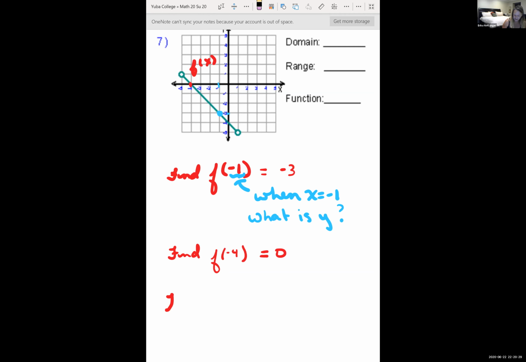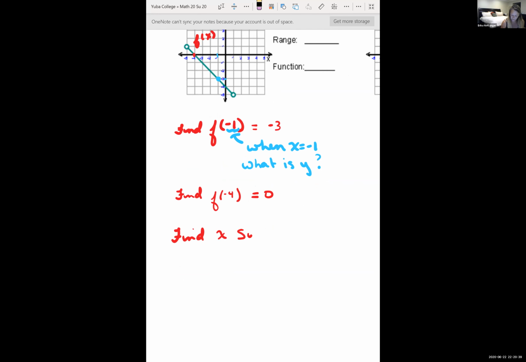If it says find x such that f of x is equal to -1, this time it's asking us to figure out the x value of our point, and it's giving us the y value of the point on the graph. So when y equals -1, what value of x?